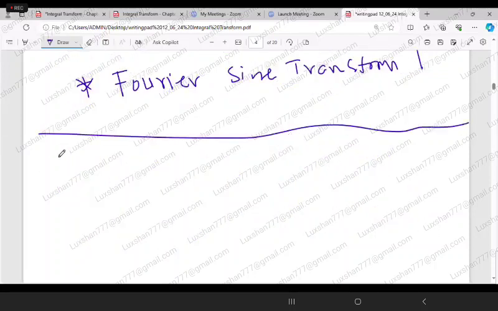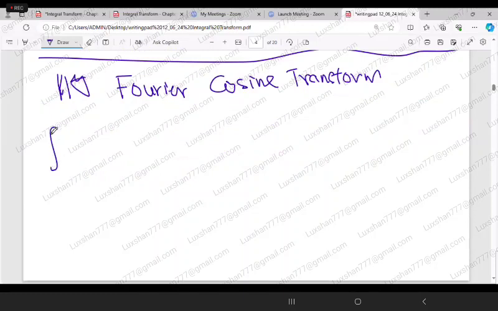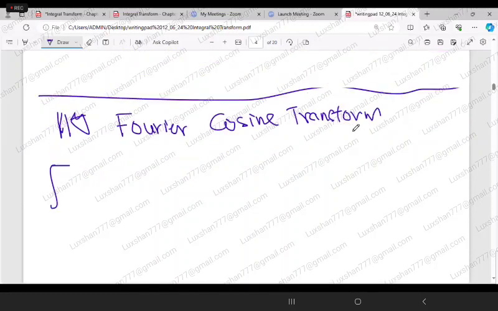Now, similarly, we are going to look at the Fourier cosine transform. How is it defined? Here also the range is 0 less than x less than infinity.